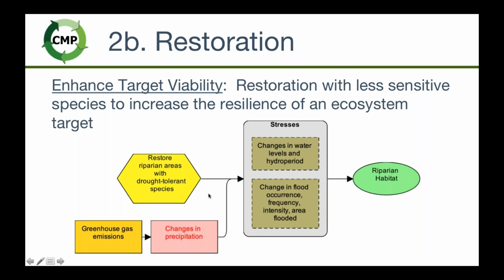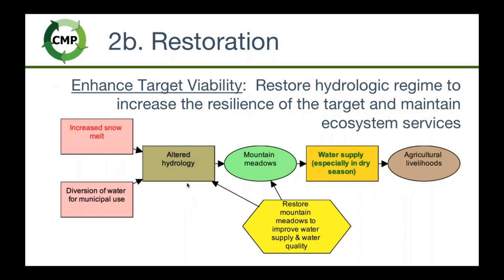And so one possible climate smart strategy would be to restore the riparian areas with species that are more drought tolerant. And another example of this is the example that I mentioned earlier, restoring mountain meadows to improve water supply and water quality.